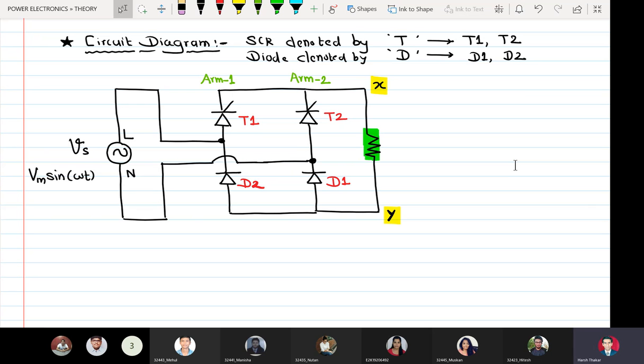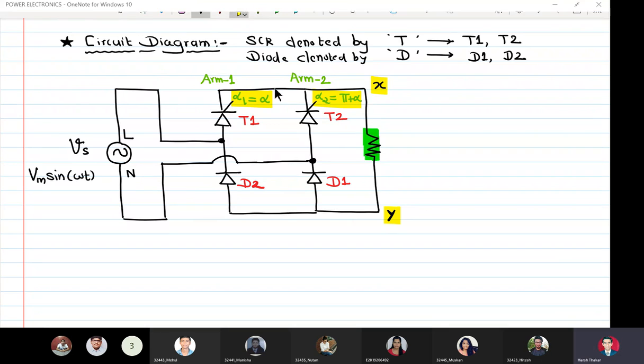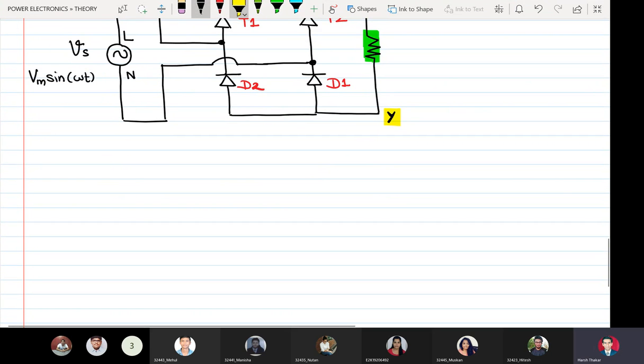Similarly, the firing angle for SCR T2, that is alpha 2, is always equal to pi plus alpha. So I will write it here that T1 has a firing angle alpha 1 equal to alpha, and for T2 the firing angle alpha 2 is equal to pi plus alpha. It's very important for you to know. In 2 to 3 points I'll write it here.